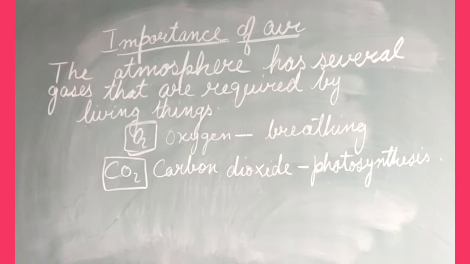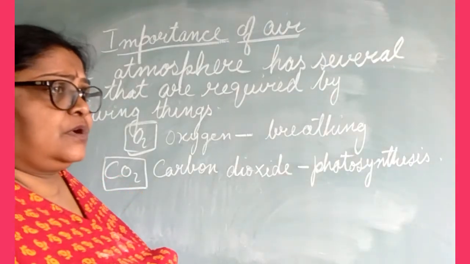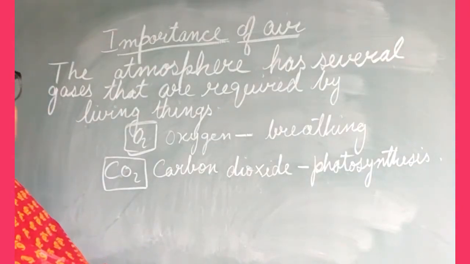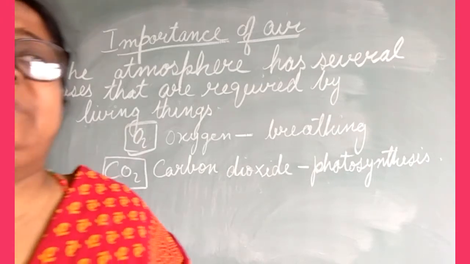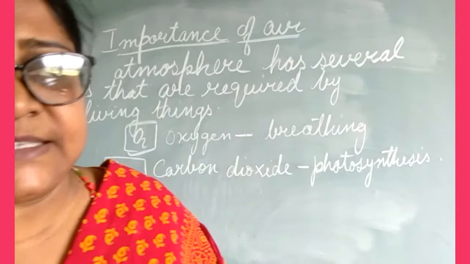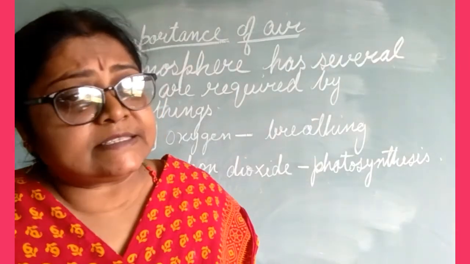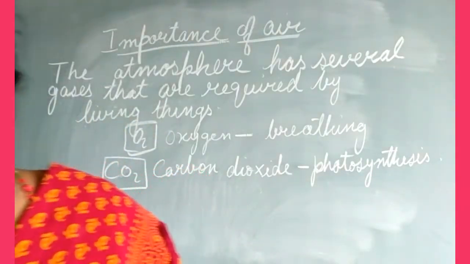We live surrounded by the atmosphere. The atmosphere has gases that are required by living things. This atmosphere has many types of gases, and these gases are required by living things.